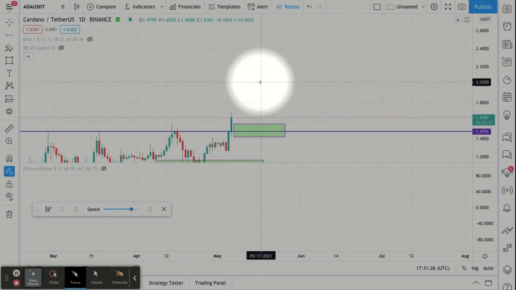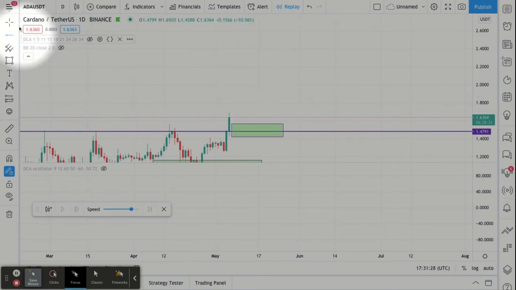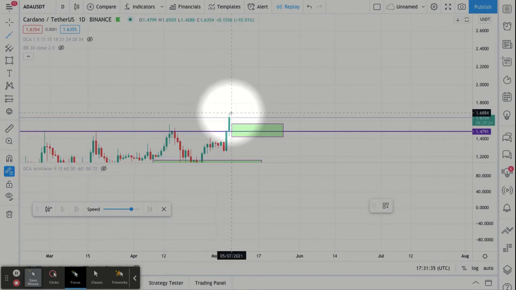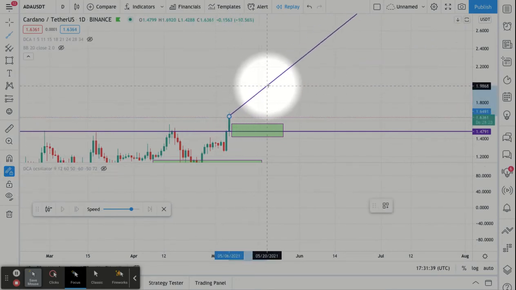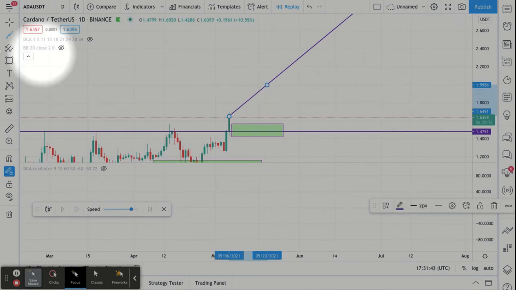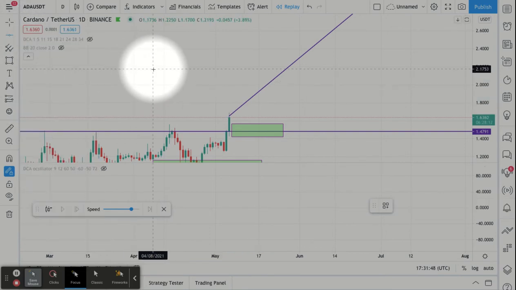Oops, wrong one. But you're going to see that this trend, we're going to say it closes right there. This trend is going to continue up until it hits a spot where people think, you know what, this price is too high, and I don't want to play this game anymore.